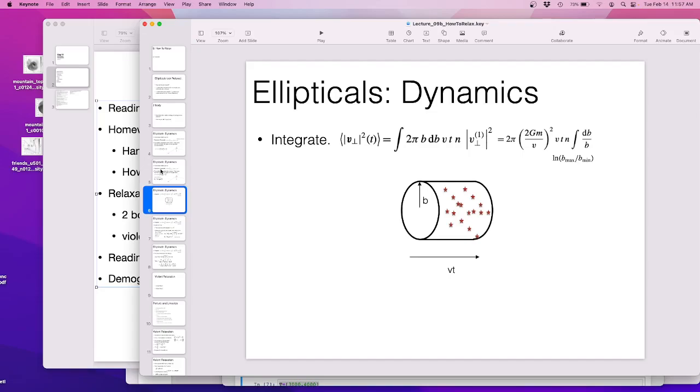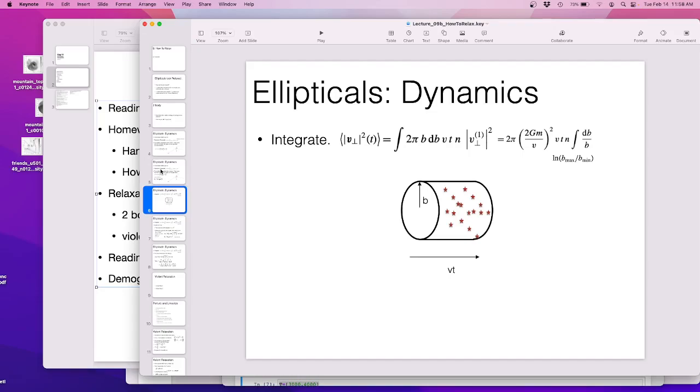Now, r is b, so this b is going to cancel this b, and I'll do a little bit of algebra. All I've done is say how long the thing is, and it's a circle, it's a cylinder, so I need that volume element, and we're squaring that.